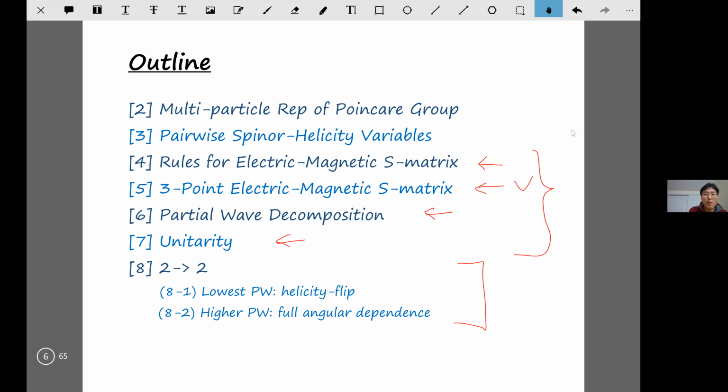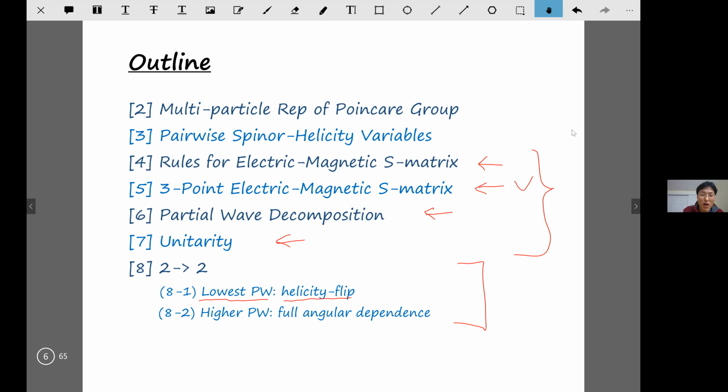In particular, I will show that in its lowest partial wave, meaning with the smallest possible total angular momentum, the process is necessarily helicity flip. What that means is that if you throw a negative helicity fermion towards the monopole, what comes out in its lowest partial wave is the opposite helicity state. You're not going to get the same helicity fermion out of it.